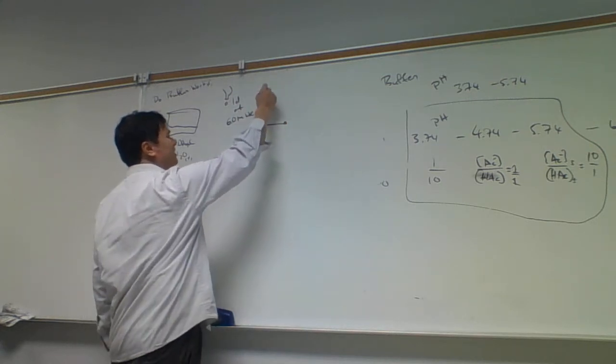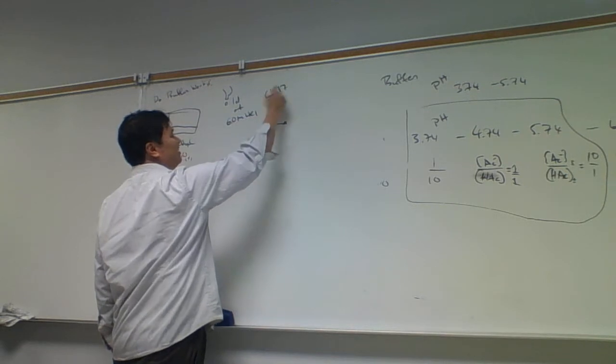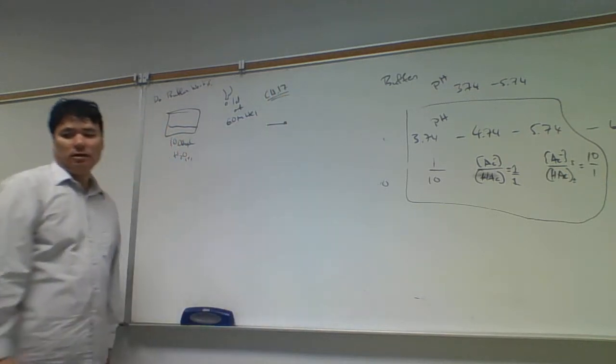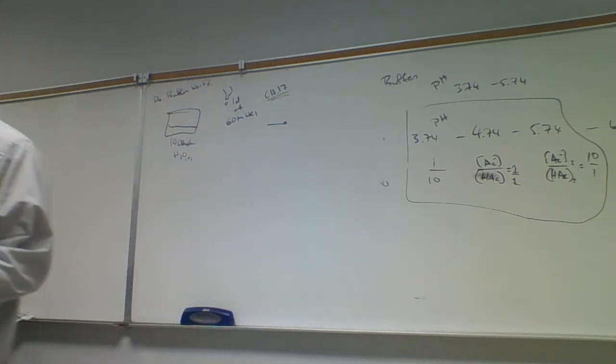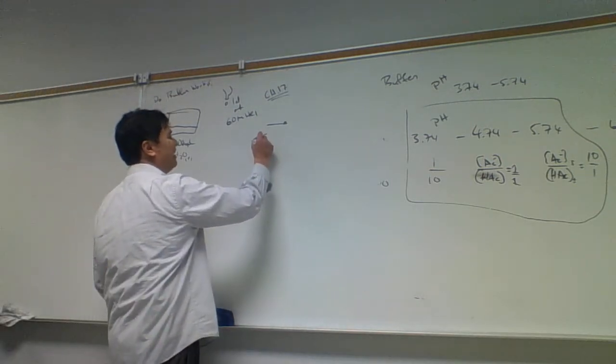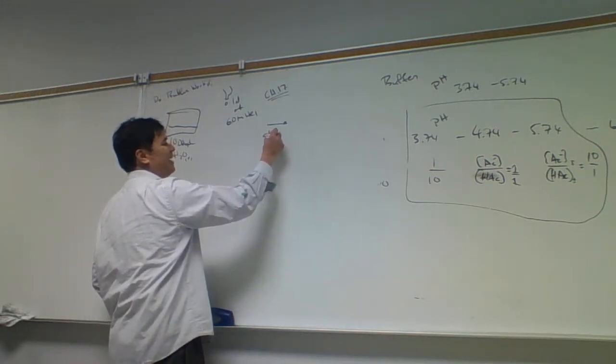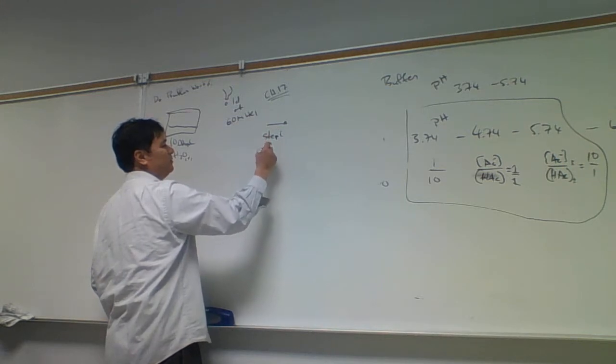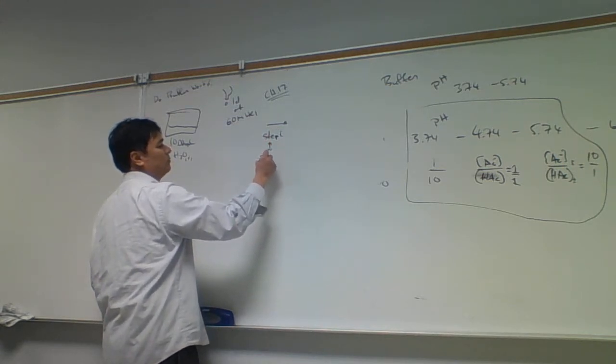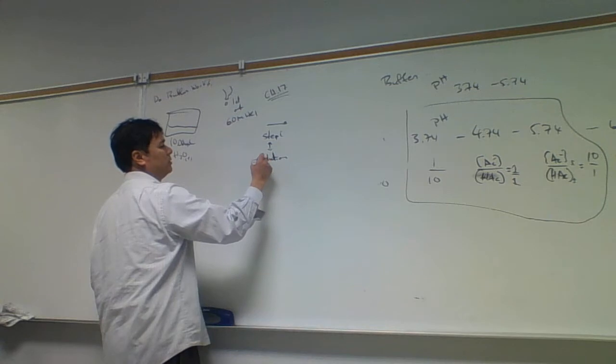Now in chapter 17, there's something new we have to do. We usually use the same strategy. We take the strongest acid and strongest base and react them together. And then the other thing we have to do is solution dilution. I've already used step 1 for the first ICE table, step 2 for the second ICE table, so we'll call this step I. Step I is solution dilution.